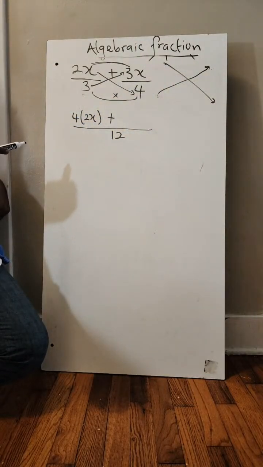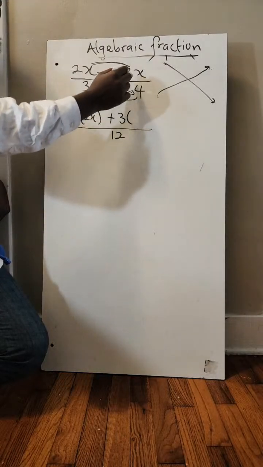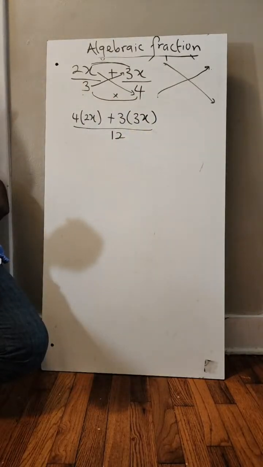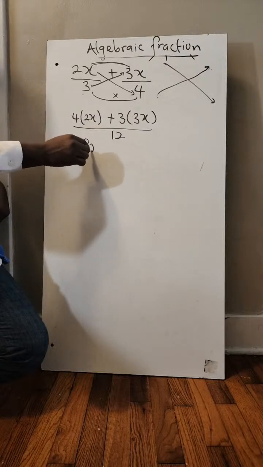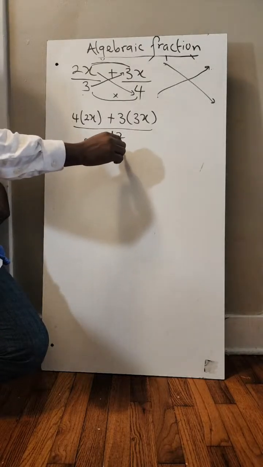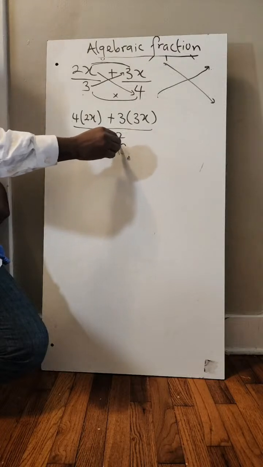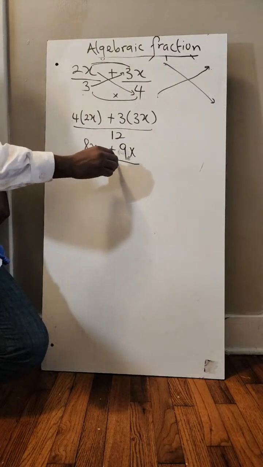So this is the method to use. So here we have 3 multiplying 3x. Now, 4 multiplying 2x, we have 8x, plus 3 multiplying 3x, we have 9x, divided by the denominator.